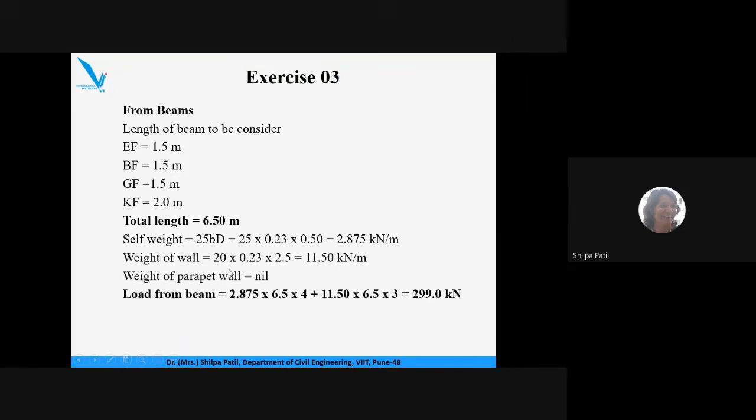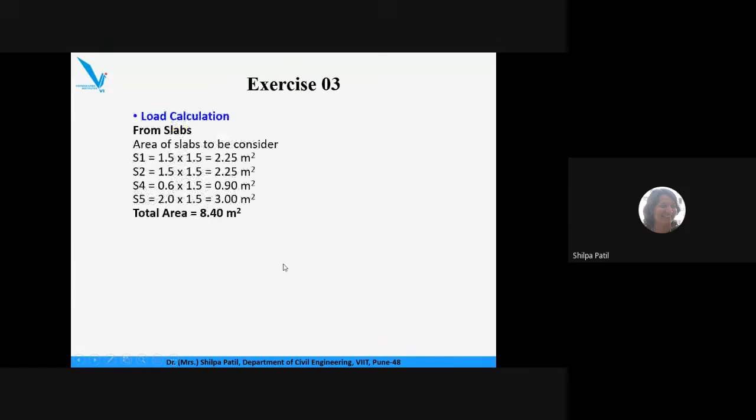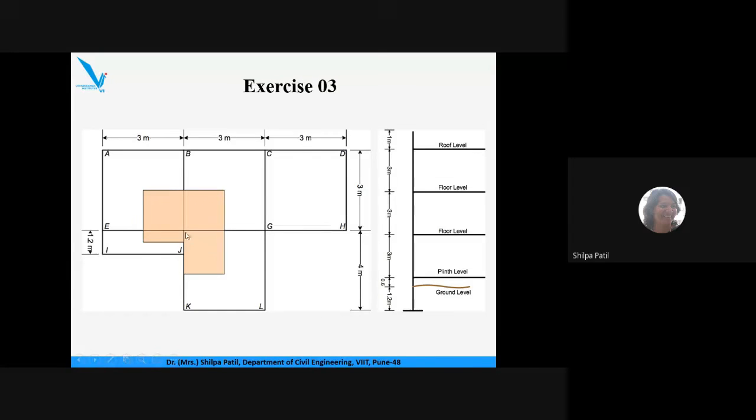Now weight of parapet wall, though it is mentioned in the problem, that weight is not acting on our column. So if you consider this particular diagram again, this is the interior column, and the parapet wall normally runs along the periphery of the structure. Okay, there are no walls in between on the roof or terrace, right?